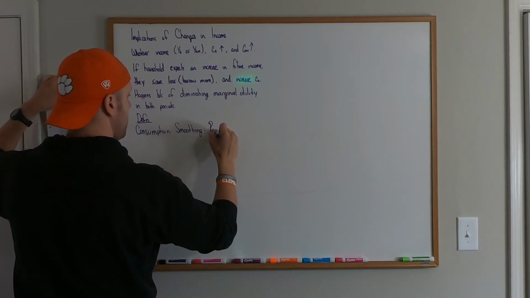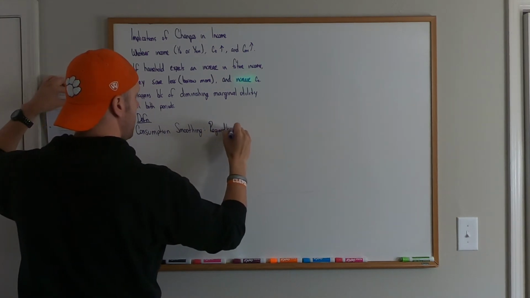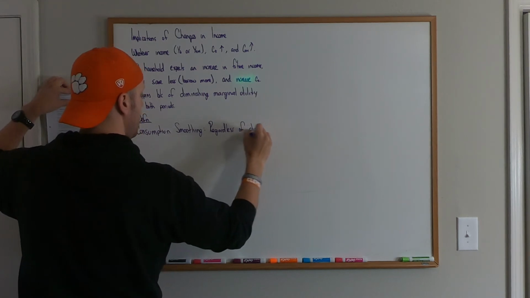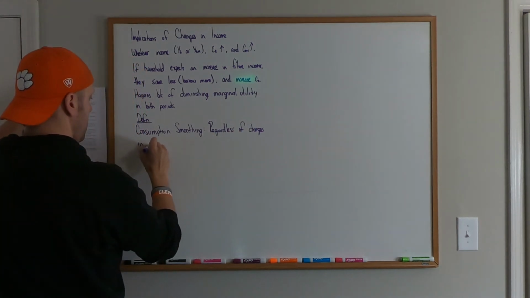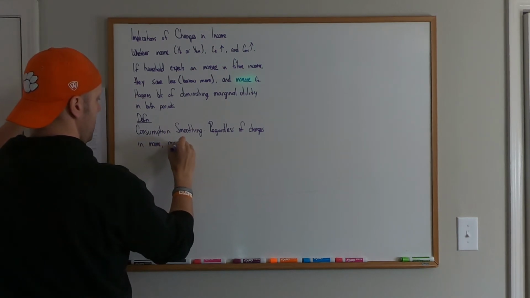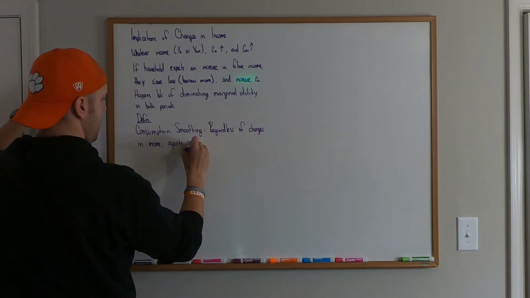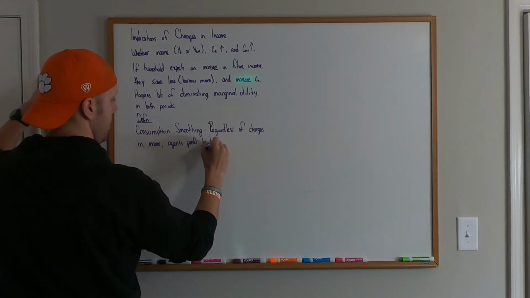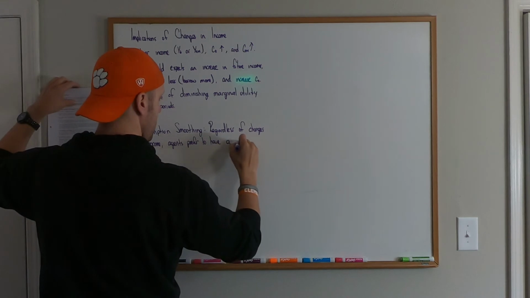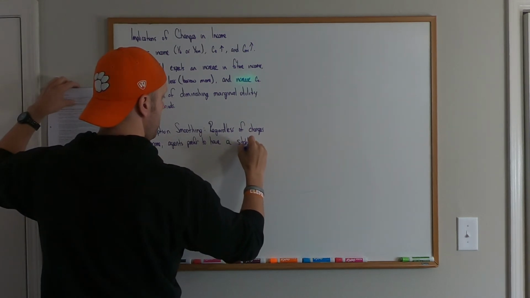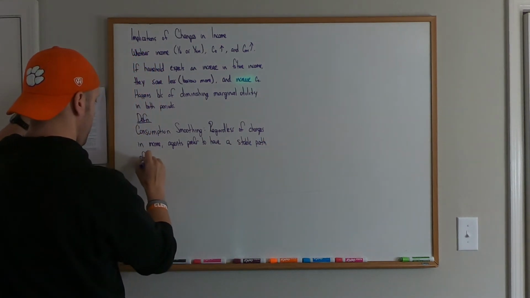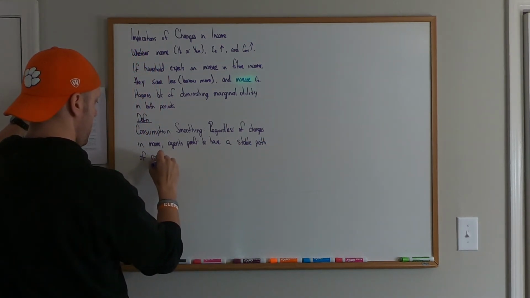Under consumption smoothing, regardless of changes in income, agents prefer to have a stable path of consumption over time.